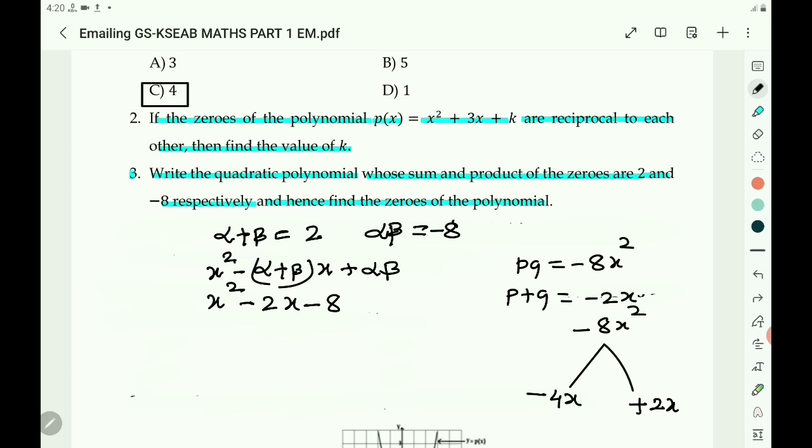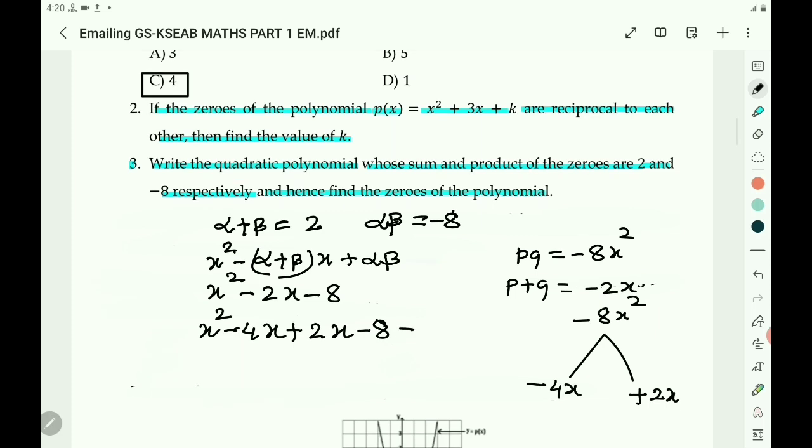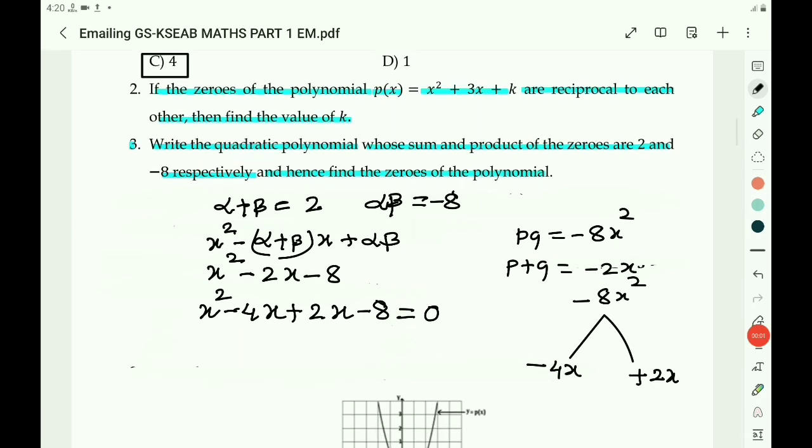Then you take here x square minus 4x plus 2x minus 8 equals 0. Then out of these two remove common. x into x minus 4 plus out of these two 2 is common, 2 into x minus 4 equals 0.